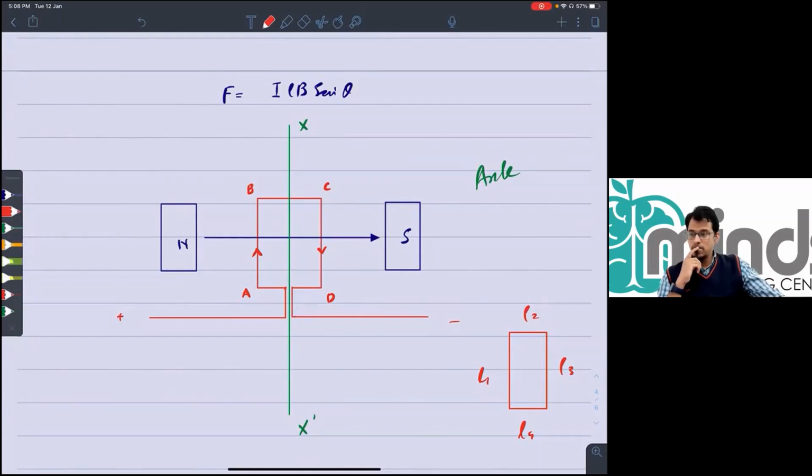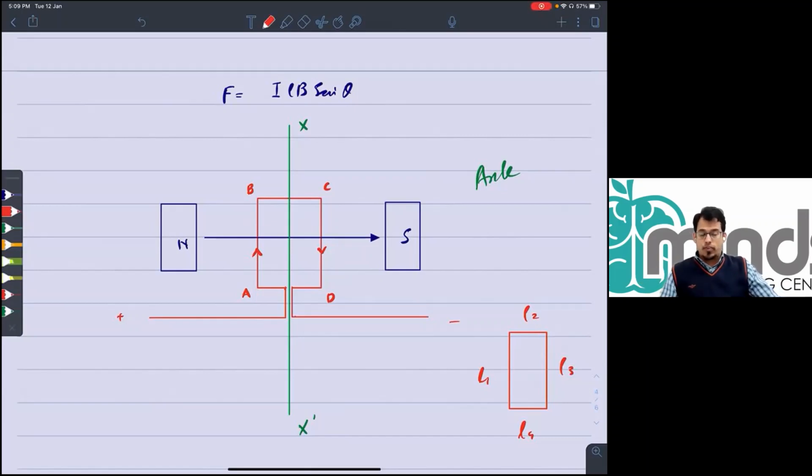Sir, only L1 and L3 will experience force, L2 and L4 won't. Why? Because L2 and L4 are parallel to the field, which makes the angle between them and the field 0, and sine 0 is 0. So how many of you agree that only side AB and CD will experience the force? Why?